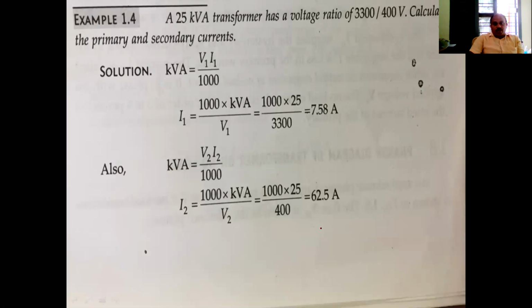Different kVA transformers have voltage ratios. The ratio is given in terms of V1 by V2. Calculate the primary and secondary currents. So the transformer rating is equal to primary volt amperes and secondary volt amperes. So this 25 kVA is voltage into current.